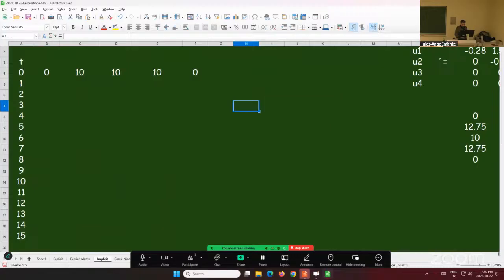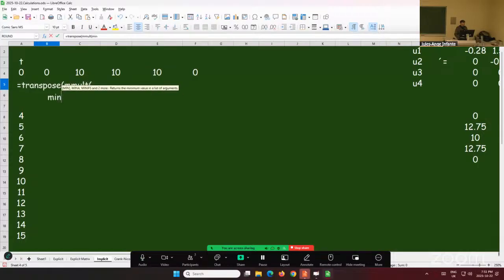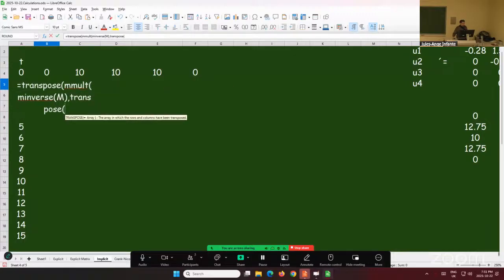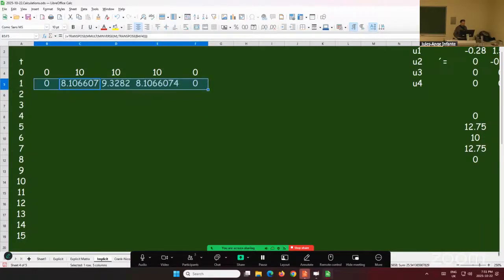So we say transpose of the multiplication of M inverse matrix M and the transpose of the previous values. So it's going down, so no glaring mistake.